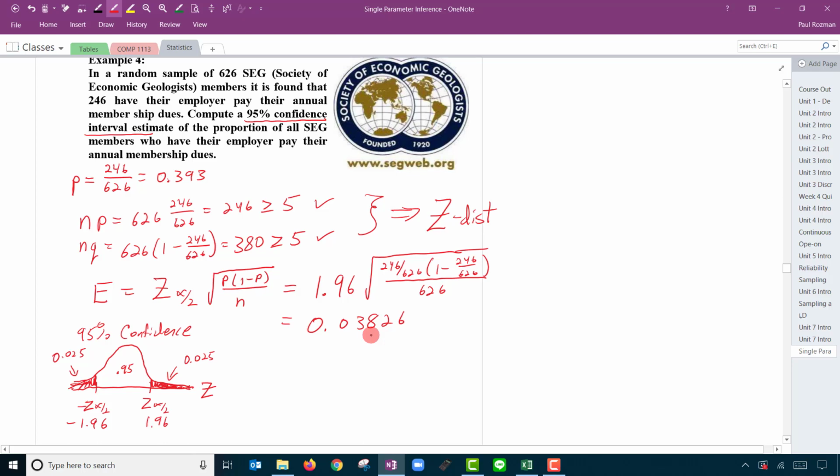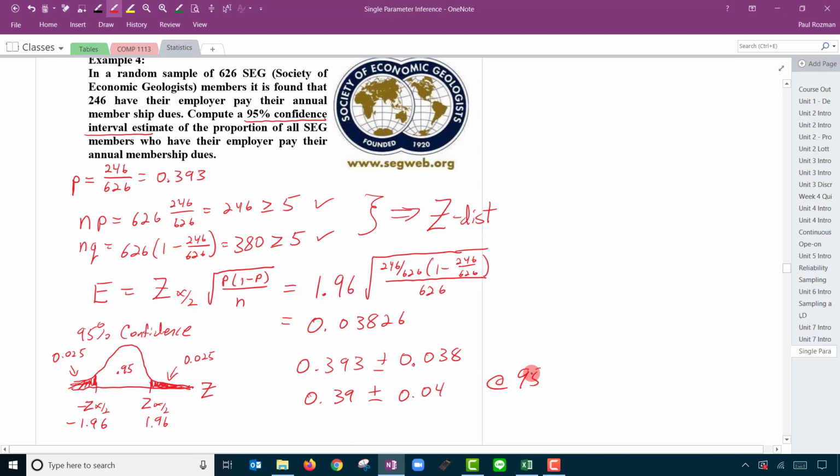Well, roughly 4%, I guess. We could say it's 0.393 plus or minus 0.038. I only studied 600, so I probably shouldn't go to the thousandth position. Maybe I should say 0.39 plus or minus 0.04, sorry.